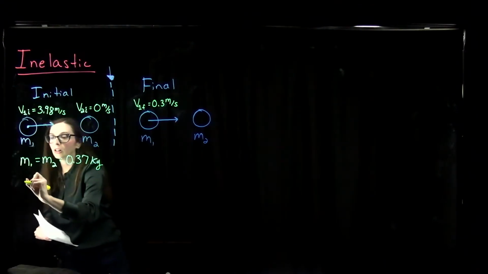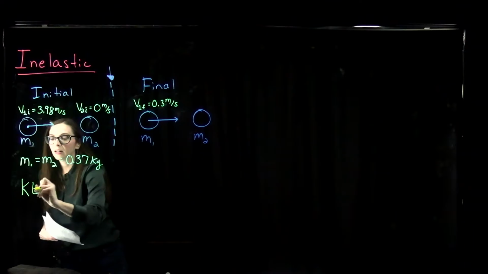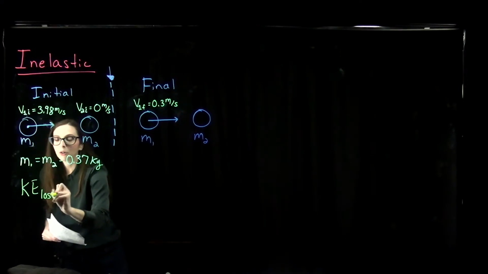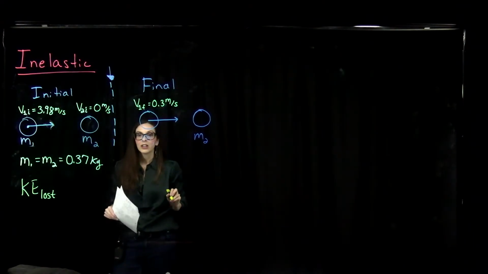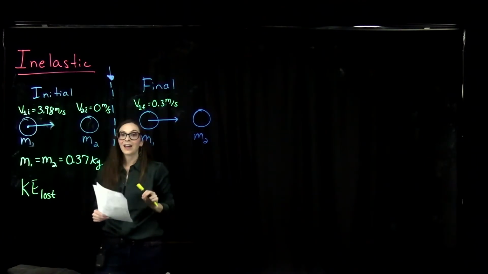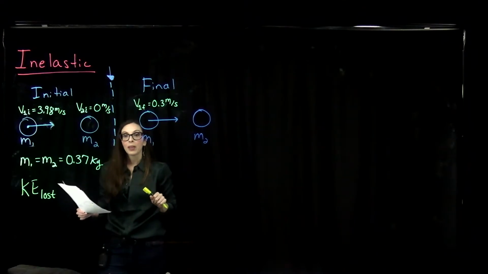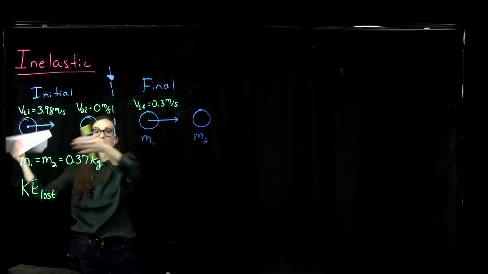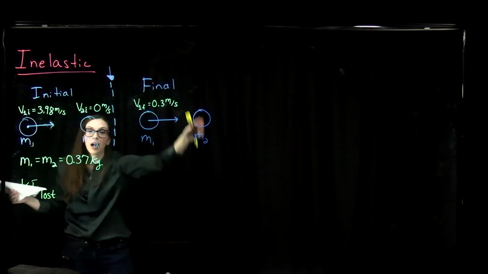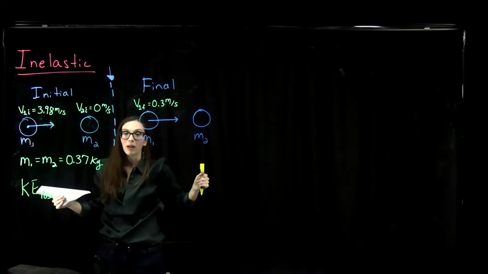So kinetic energy lost, KE lost, is what we're trying to solve for. Now, since this is an inelastic collision, we know that the energy is not conserved. That means the sum of the kinetic energy of my initial system is not going to equal the sum of the kinetic energy of my final system.